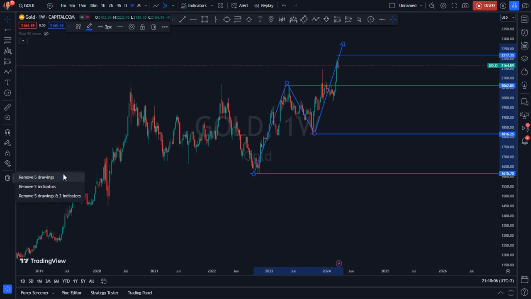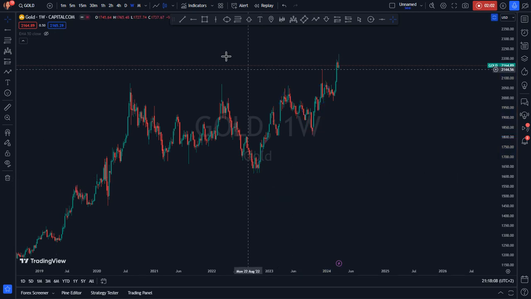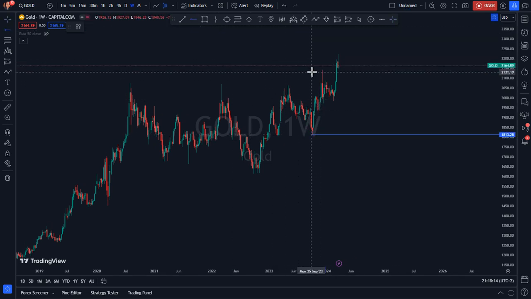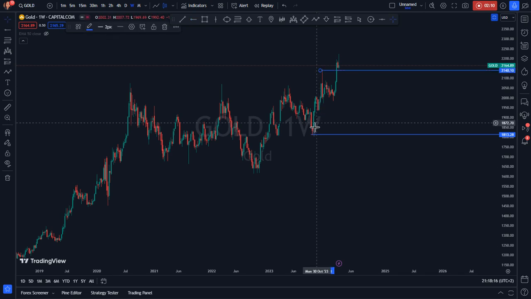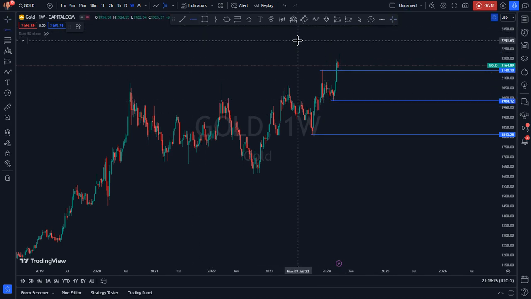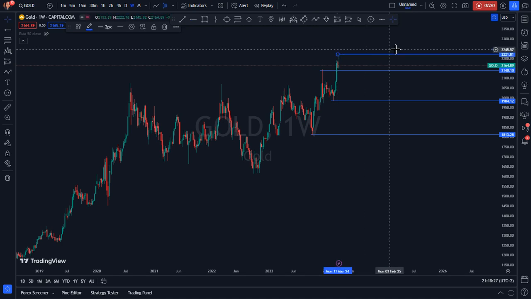So if we look at that impulsive phase on its own, you need to again say what this is: like this being one impulsive, and then this being one correction, and then this being another impulsive. Let's just say this is the end of this impulsive.